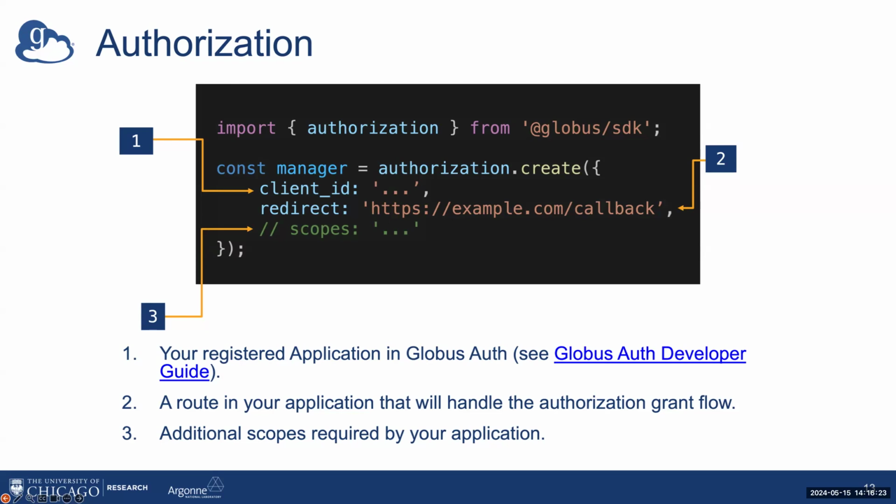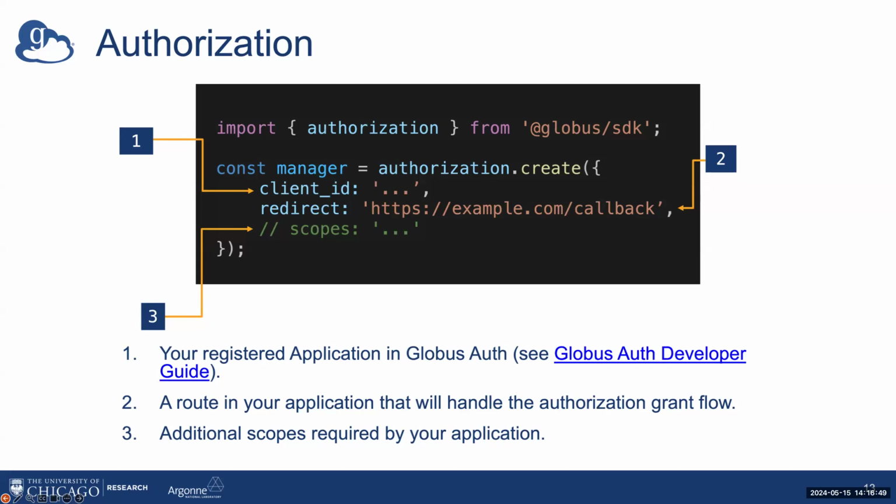What you need to create an authorization manager is a client ID, which is the client ID from your application that's registered with Globus Auth. The registration of an application is definitely outside the context of this conversation, but we have some great documentation available for how to get started and get that client ID, linked here, which will be distributed after.